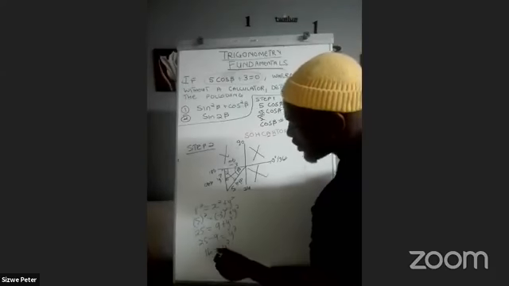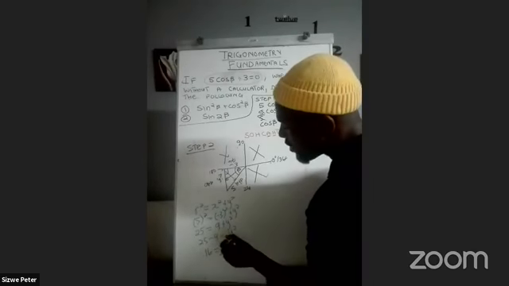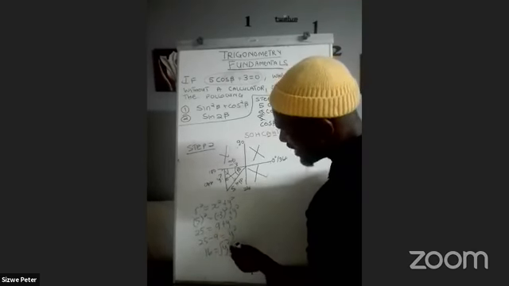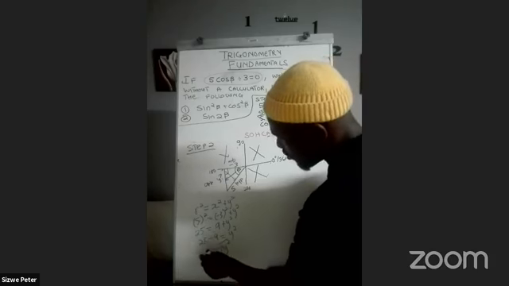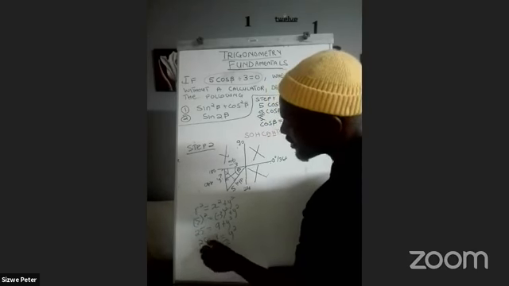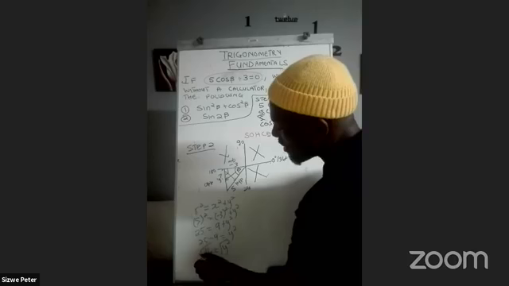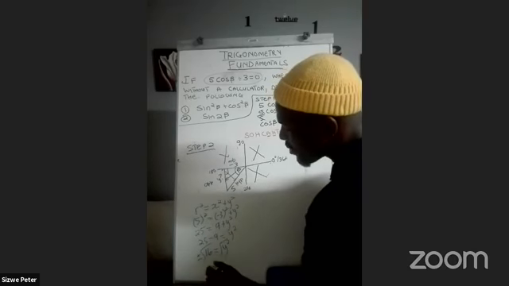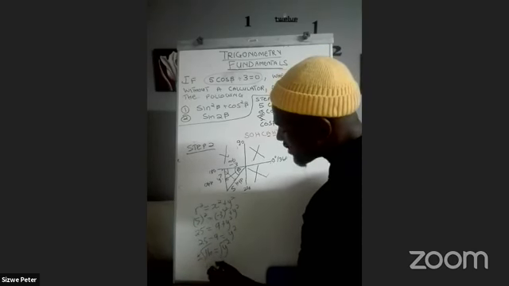Now I don't need y squared, I need y, so you find the square root. What you do on the right-hand side, you also do on the left-hand side. But the square root is plus or minus, so this is plus or minus 4.